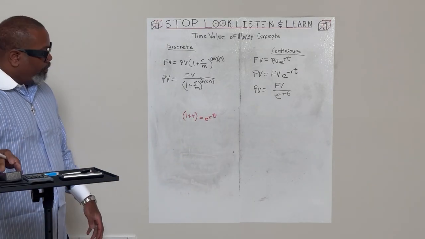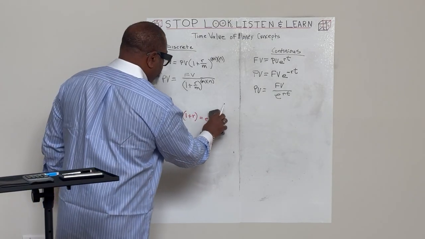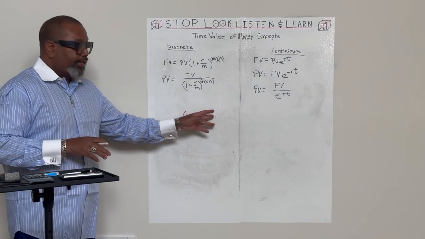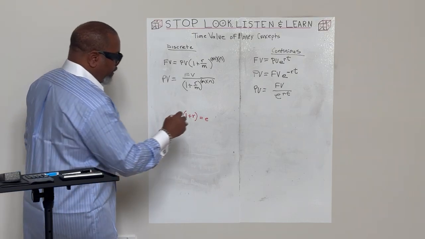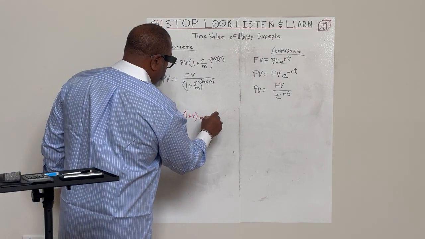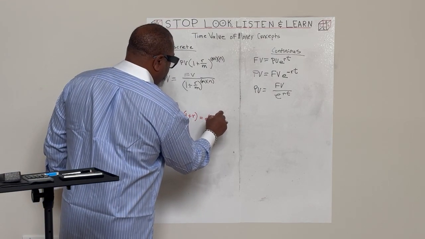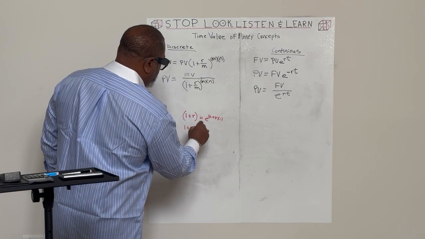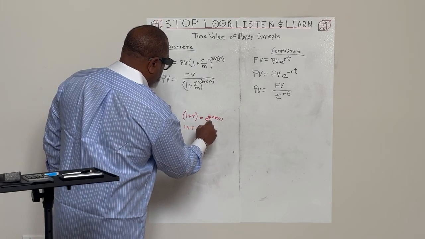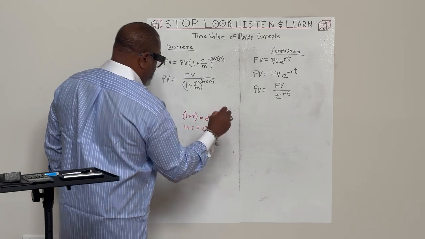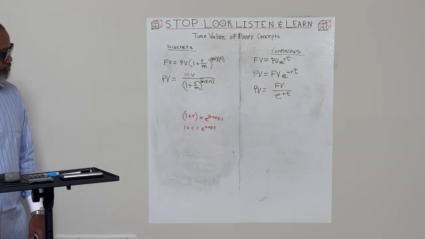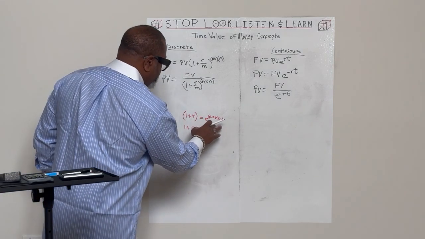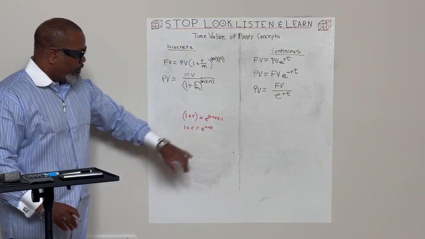Now, let's say you're gonna get a stated rate of 8% like we said in our case, so it's gonna be 0.08 times 1. So 1 plus R is equal to e to the 0.08 T, right? T is 1, so we can drop that, right? So just e to the 0.08.